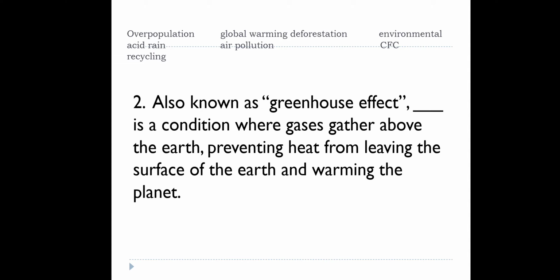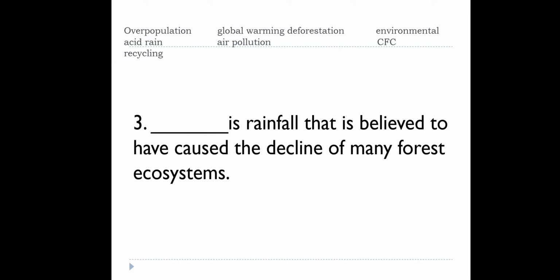Question number 2. Blank, also known as greenhouse effect, is a condition where gases gather above the Earth, preventing heat from leaving the surface of the Earth and warming the planet. Question number 3. Blank is rainfall that is believed to have caused the decline of many forest ecosystems.